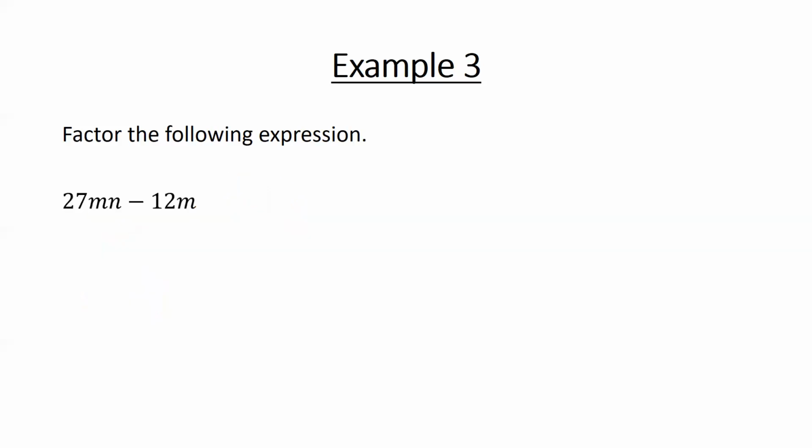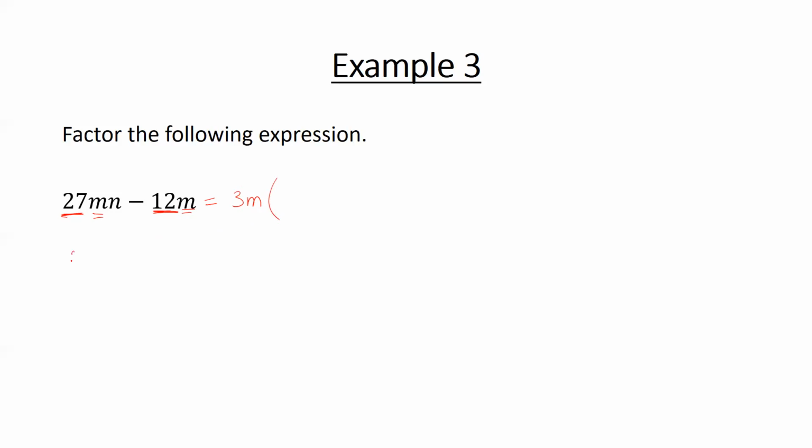27mn minus 12m. When we look at 27 and 12, both are divisible by 3. So 3 is definitely something that we can factor out. Also, there is a common variable factor of m. So your full greatest common factor is 3m.